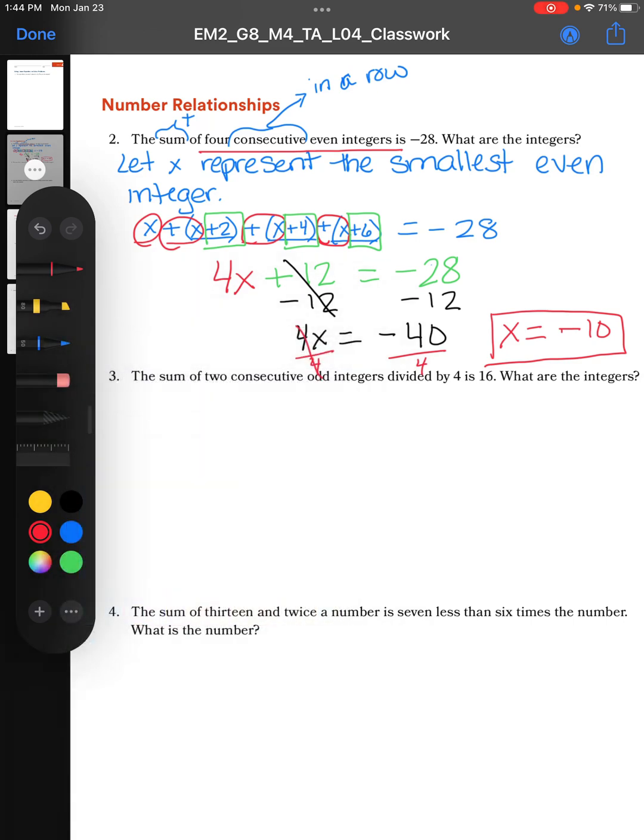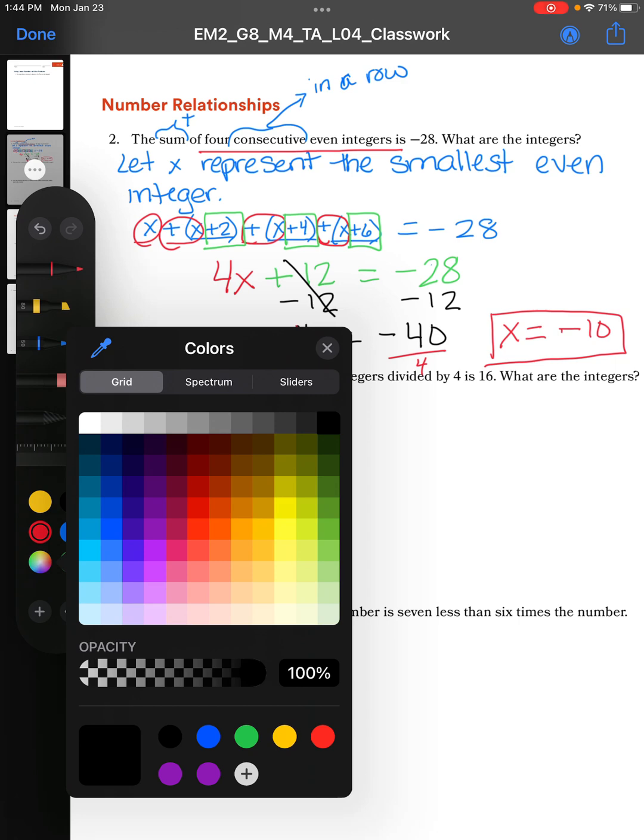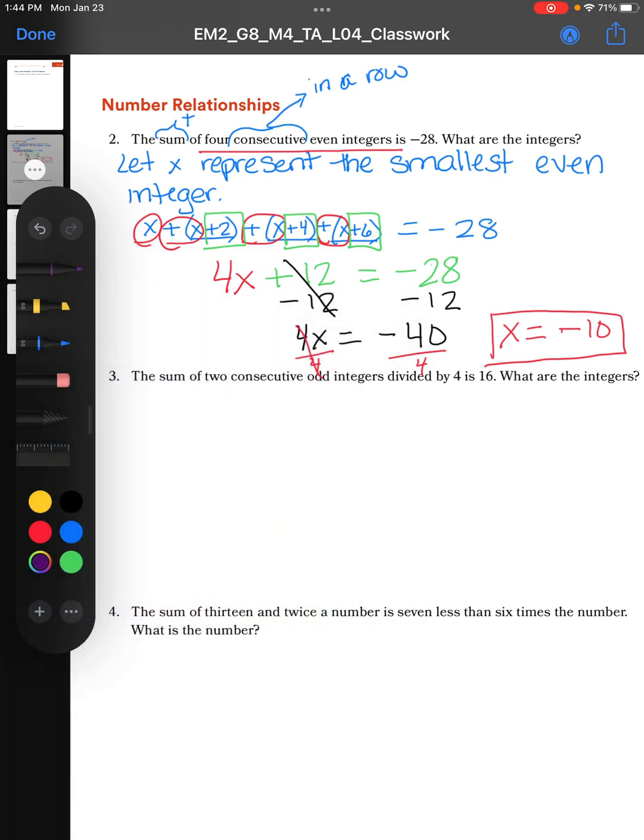Now I have to make sure that I am answering the question that I'm being asked. I'm running out of room, so I'm going to try to squish it in somewhere. But it's asking me, what are the integers? So if my smallest integer is negative 10, I would want to write a little sentence as my answer.